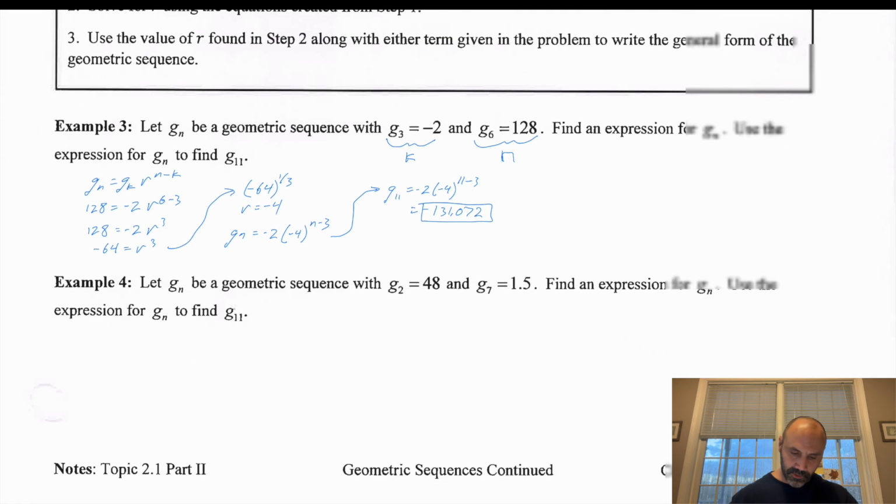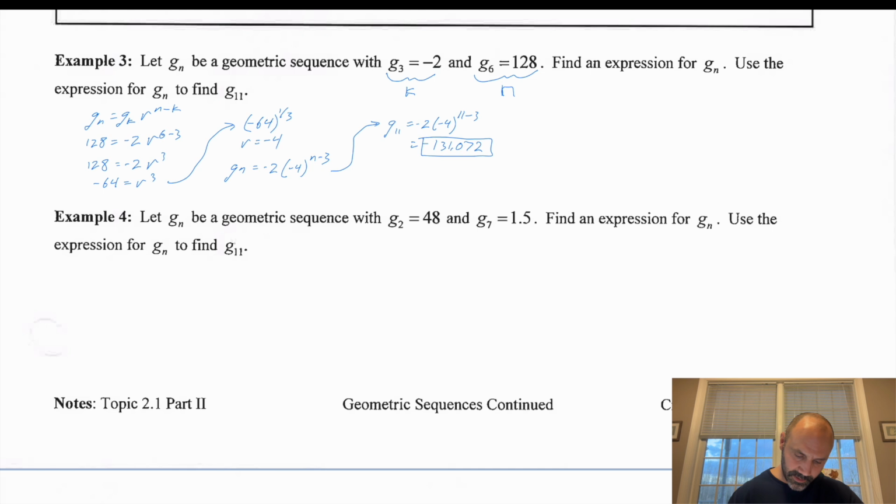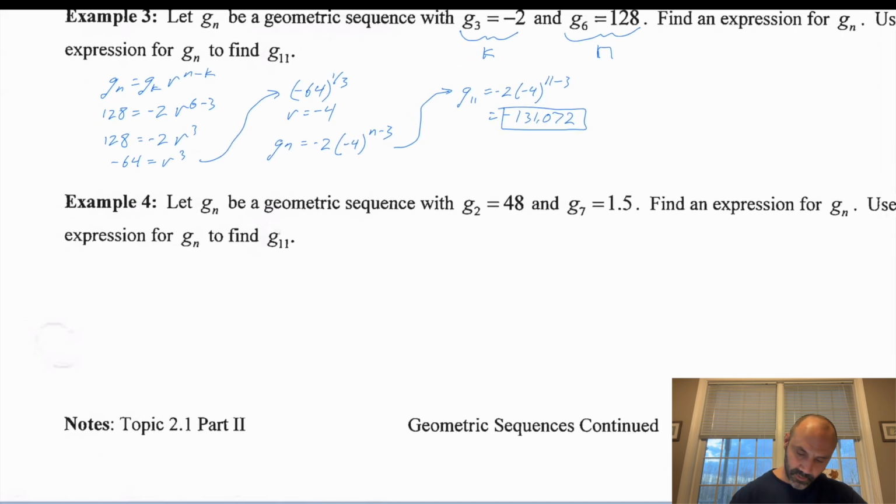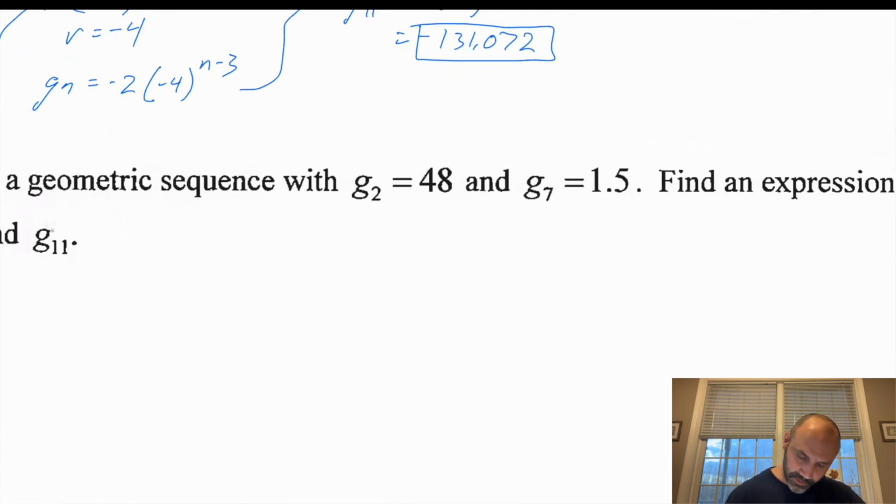Okay, so here's another example. It says, let g of n be a geometric sequence. g of 2 is 48, g of 7 is 1.5. Find the expression for g of n, and use the expression for g of n to find g of 11. Same idea as what we did before. This is going to be our k, again, kind of our new base. And we're going to treat this as the n, so the nth term in the sequence.